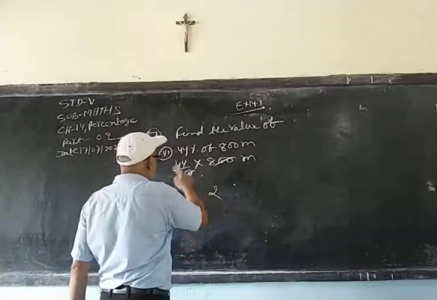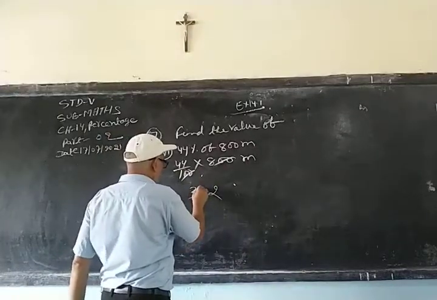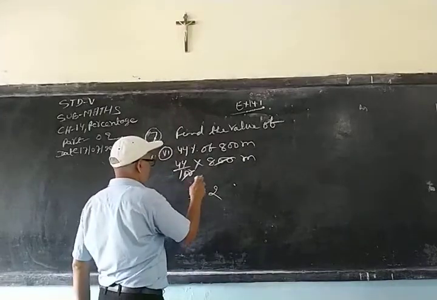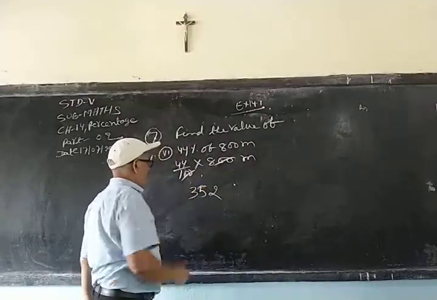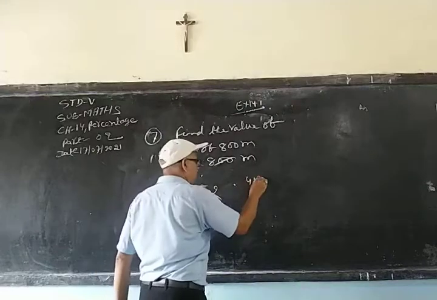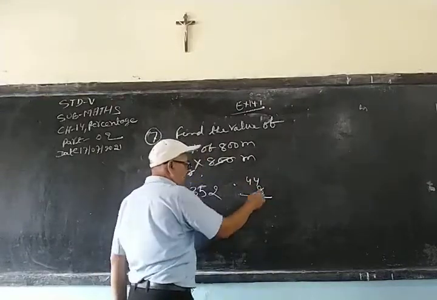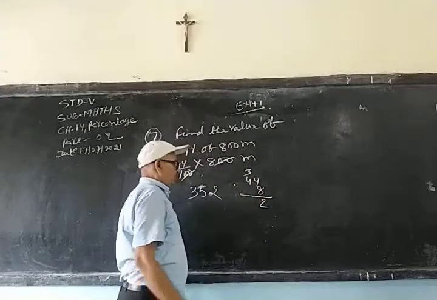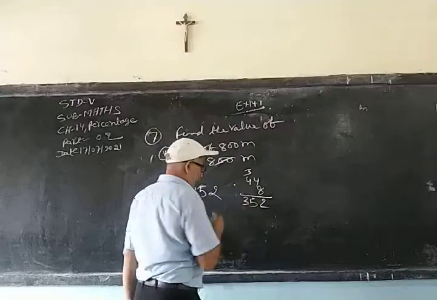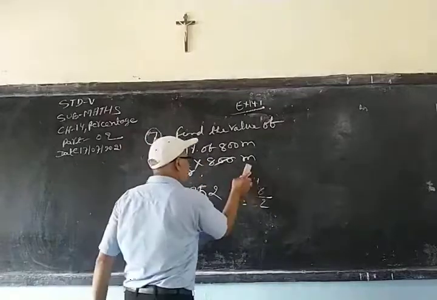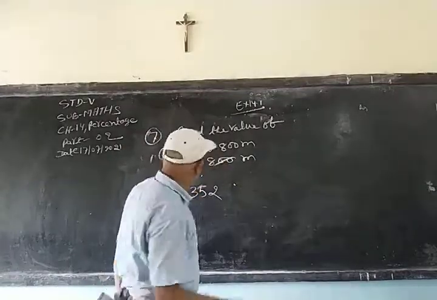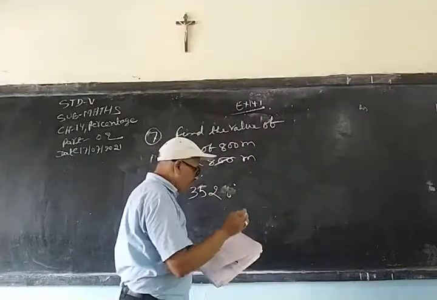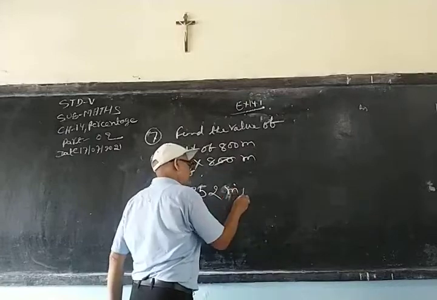Carry 3. 8 into 4, 32 plus 3, 35. You can multiply this also, 44 into 8. And the unit you will write: 350 meter. So meter you will write.